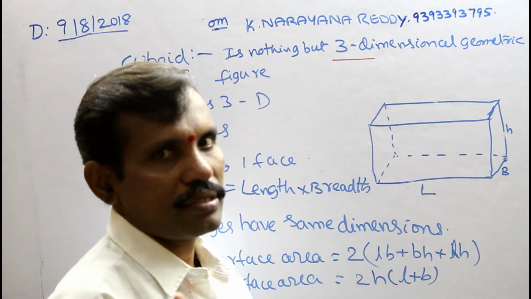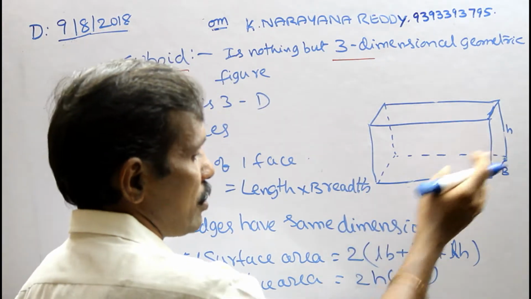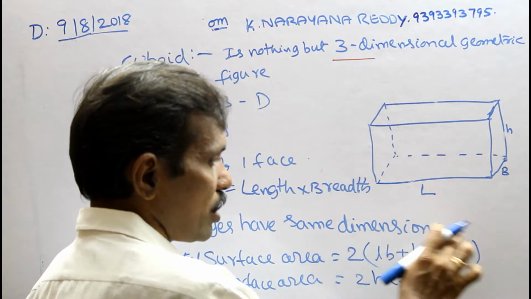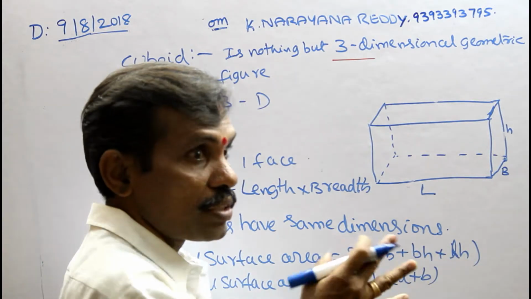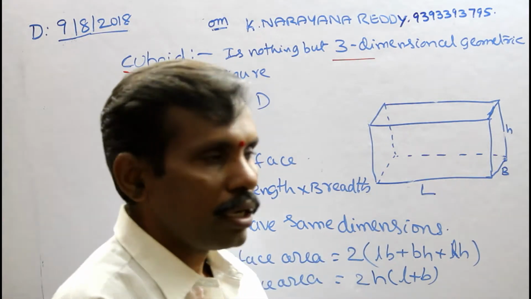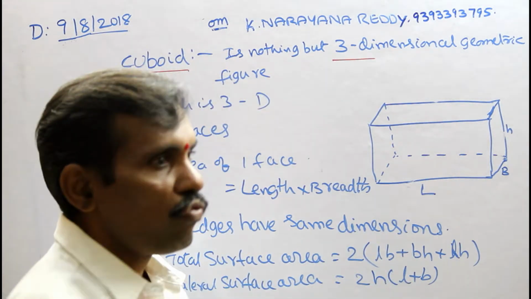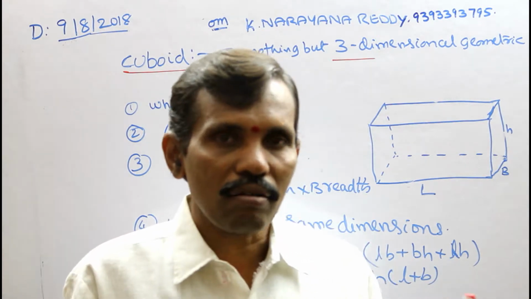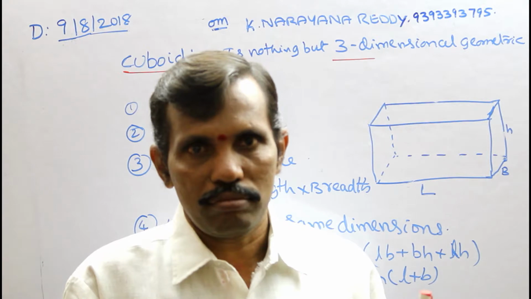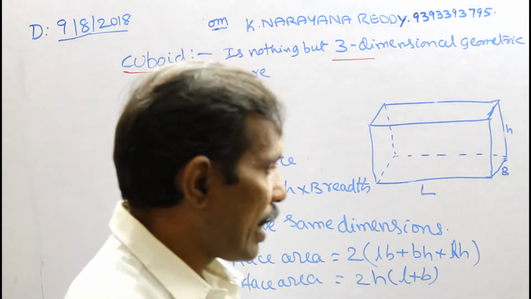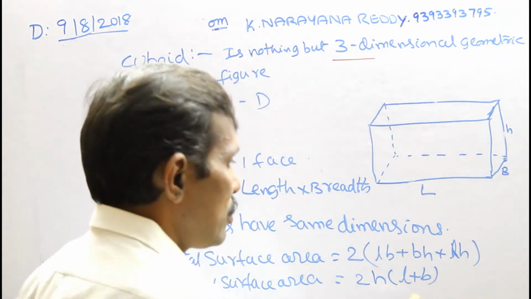Lateral means 2 sides. This is total surface area, for each face. This is lateral surface. That is the difference between lateral and total. Lateral means we will take only outside, not all the sides, all the edges. We take only some. Laterally, not totally.